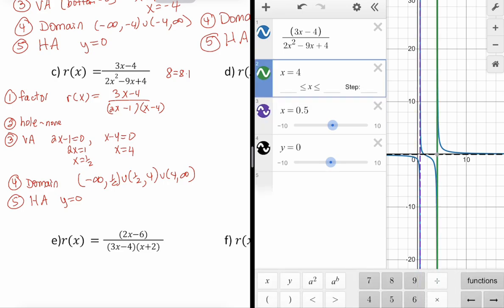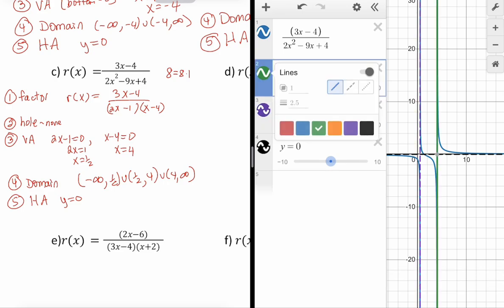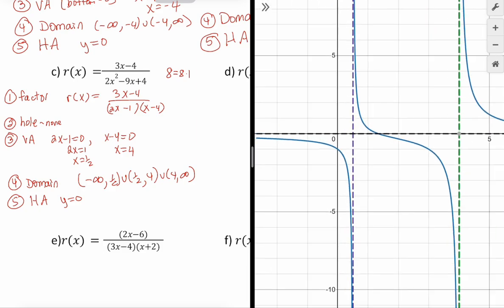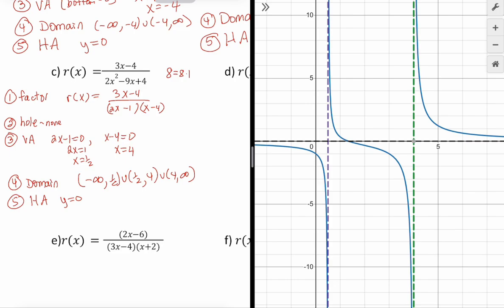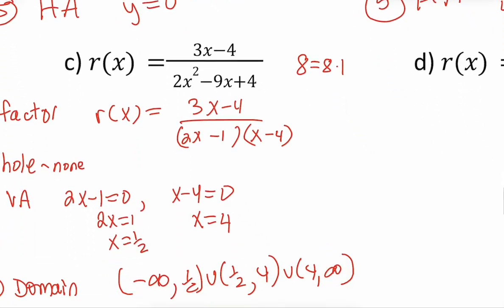Wait, let's see if I can do that. There we go. You can see that our graph is in 3 pieces. Our domain is in 3 pieces. We have a vertical asymptote at 1/2, a vertical asymptote at 4. Our ends are heading to a height of 0. Eventually we're going to have to graph these, unfortunately, but all those pieces tell us a ton about what's happening. Okay, so that is part C.